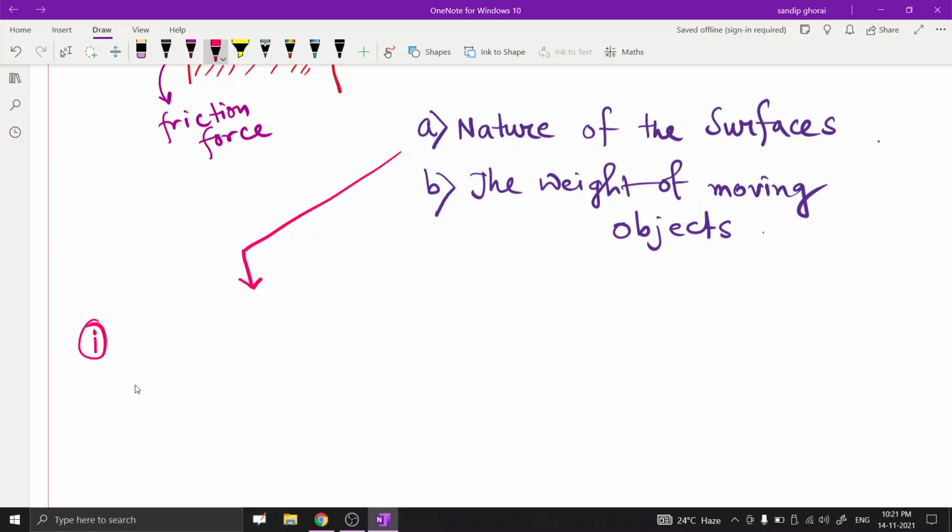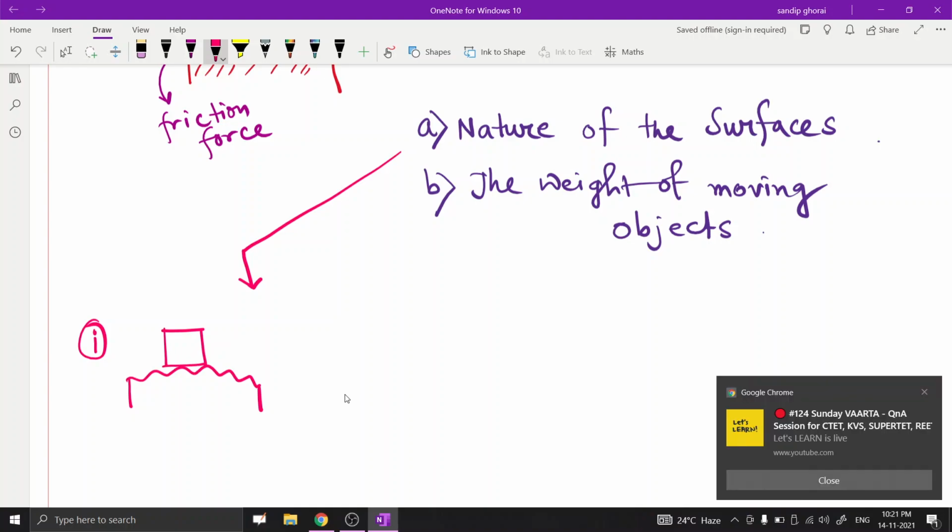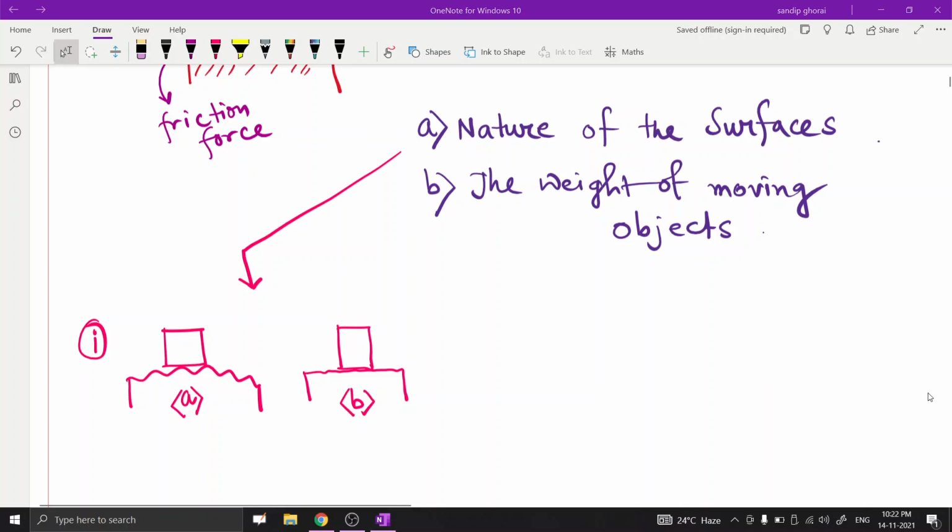This is one surface, and we place a body on it like this, and we take another surface like this, with the same body placed on it. Here the first surface is A and the second surface is B. From these two surfaces, we can easily see that the roughness of surface A is more than the roughness of surface B.